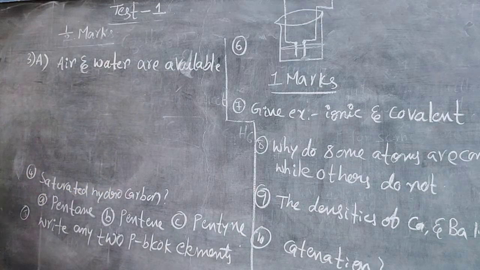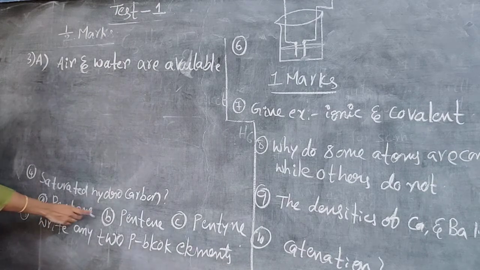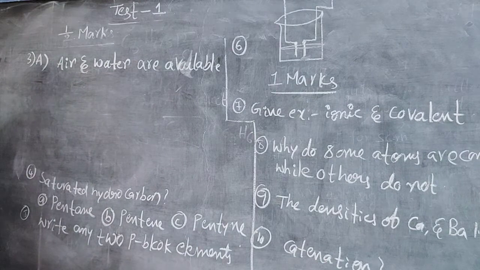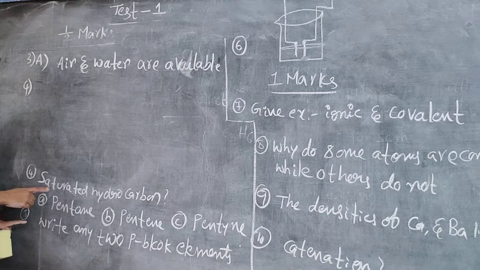Next, the fourth question: saturated hydrocarbon. They have given some names, and we have to find the saturated hydrocarbon. What are saturated hydrocarbons? Alkanes are called saturated hydrocarbons. A compound that is an alkane is nothing but a saturated hydrocarbon.